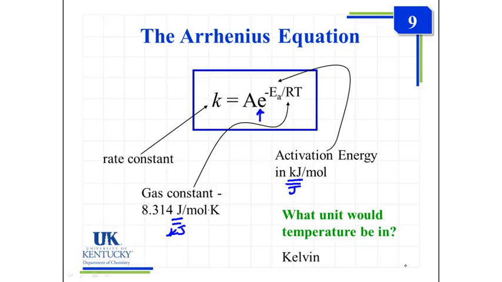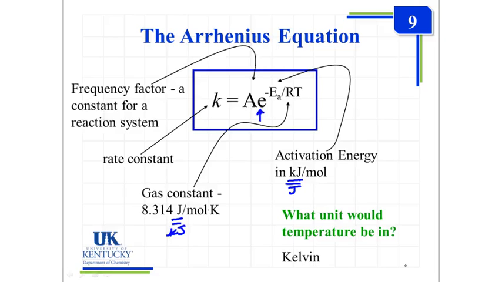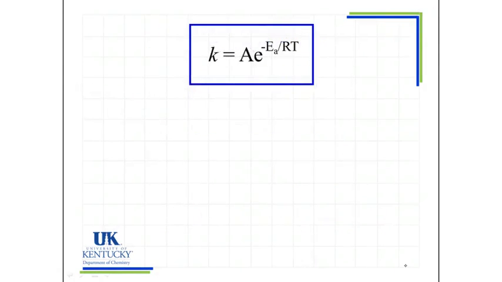Okay, so that's what that is referring to. What about the A? The A here is called the frequency factor. And it is a constant for the reaction system. It takes into account other things that are unique to that reaction, like how the molecules have to be oriented when they collide. We'll talk more about this frequency factor later in our lesson.